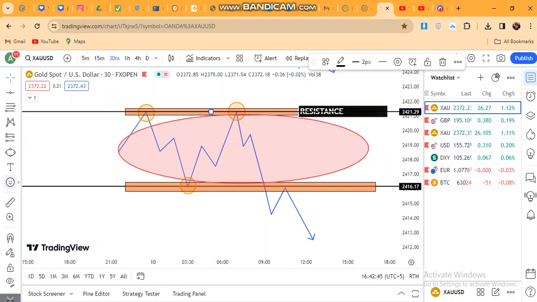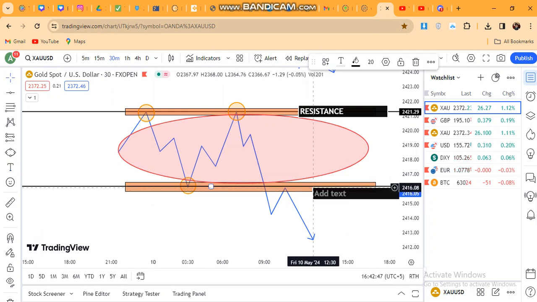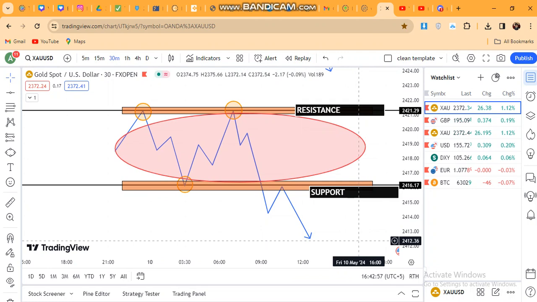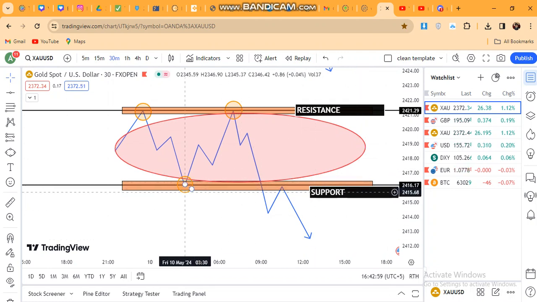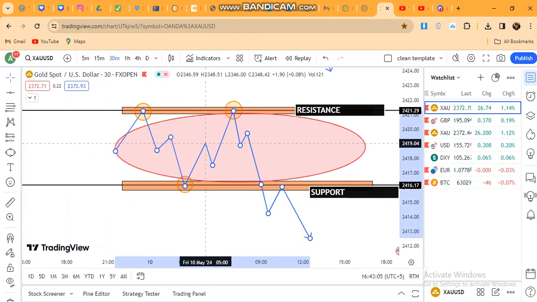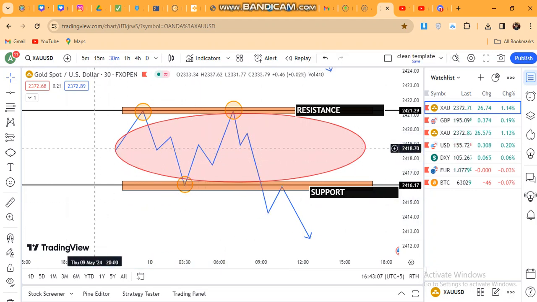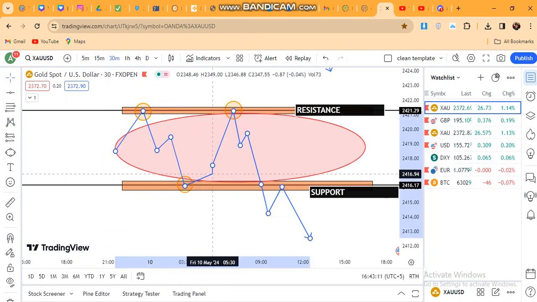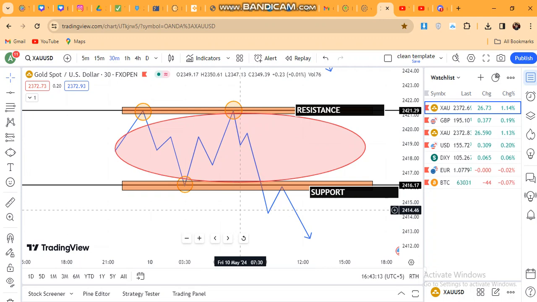For example, if the price is at a resistance and you sell from that resistance, the probability is in your favor, because there are high chances that price might reject that resistance and you're going to make profits out of it. But if you trade here in this range, the probability is not in your favor. Price can either go up or go down. This is the basic I talked about in the previous video.